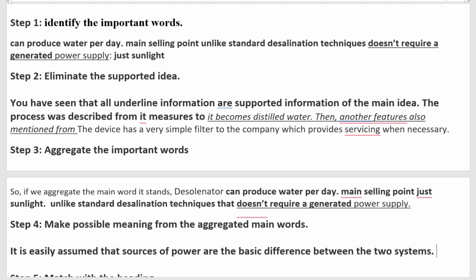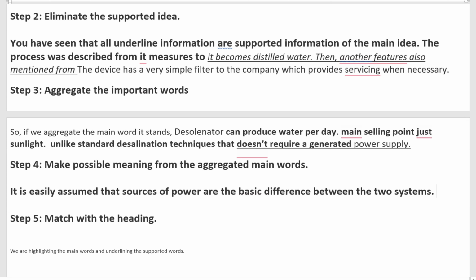Step 5. Match with the heading. Let's check the list of headings.